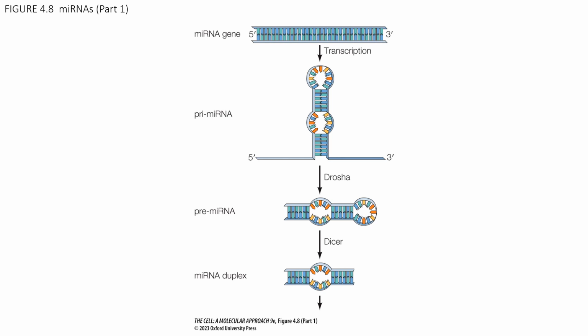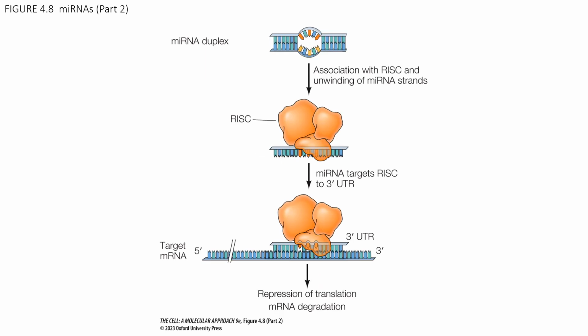So here we see a close-up look of the DNA for the microRNA gene transcribed into the hairpin loop that you see here. So this is a pre-microRNA. It's going to be cleaved by both the nucleases Drosha and Dicer to form the microRNA duplex as seen on the bottom here. Now, as you can see, this is atypical of what we usually think of as RNA, especially messenger RNA, as a single strand of nucleotides. In this case, the microRNA is formed as a duplex.